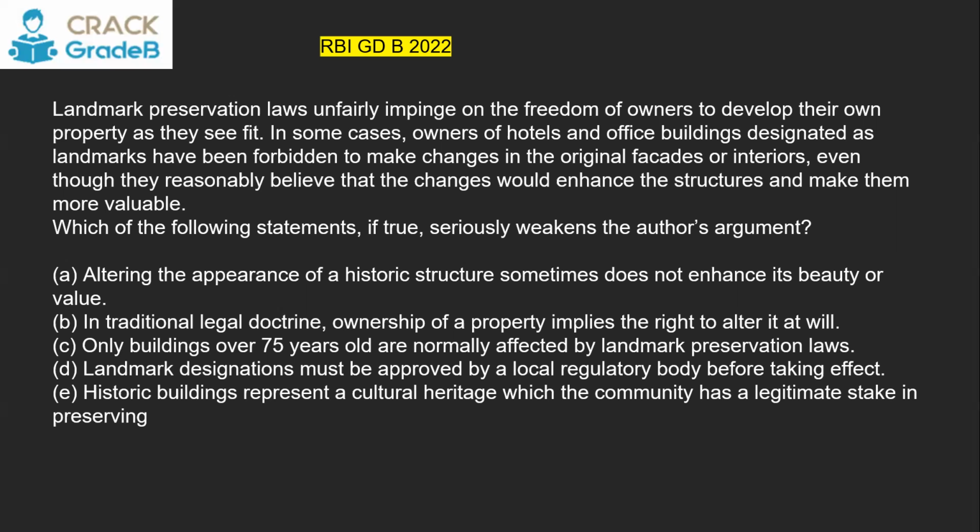Mostly, it's the maroon color that you have to put on your shop. So this argument is about that. Now the author, in fact, is against it. Author is saying these laws are unfair towards the owners. If they want to change something, they should be able to do it. That is what the author is stating.